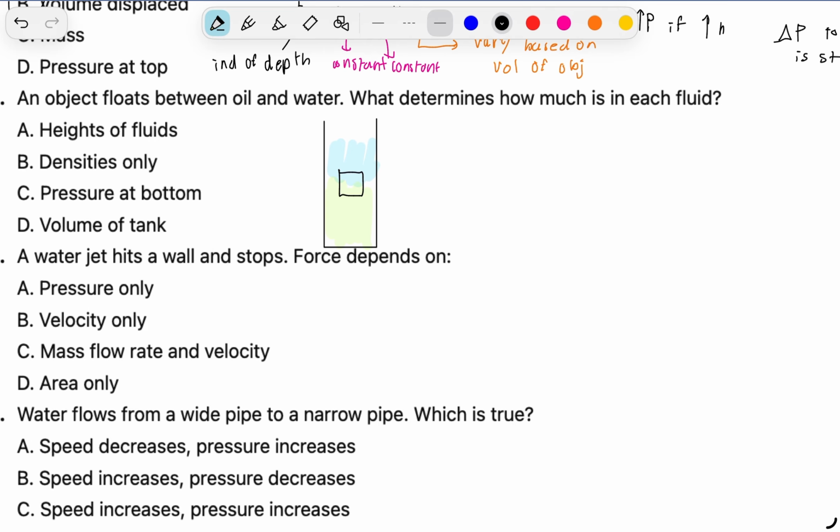Well, we have to think about our vertical equilibrium. If it's floating currently, we assume it's in vertical equilibrium. Therefore, the sum of the vertical forces is equal to 0, because the acceleration in the vertical direction is 0. So the buoyant force from the water plus the buoyant force caused by the oil is equal to the mass times gravity.